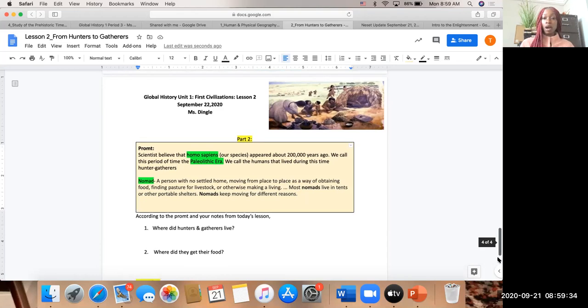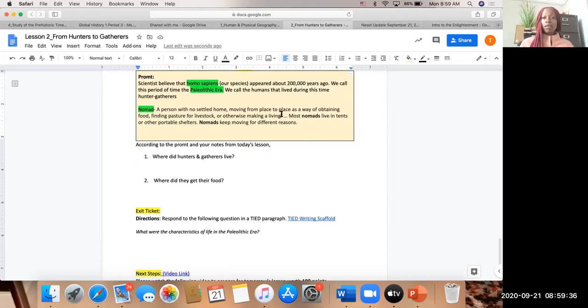So after you read the prompts, you annotate for evidence, which I totally forgot to do. I'm sorry, I'm just so used to reading and keeping it up here, but you will be able to do that as you get familiar with how to annotate. Homo sapiens is already annotated, so I'm just going to annotate this part to let me know that's how many years ago we arrived here.